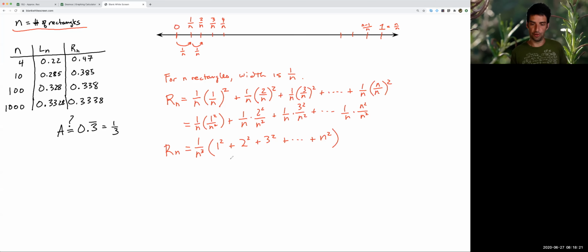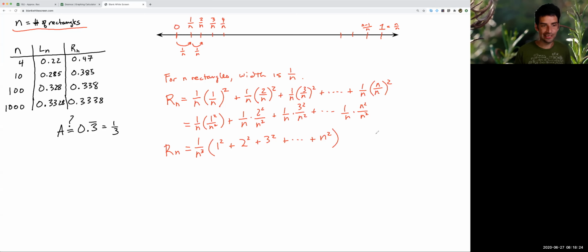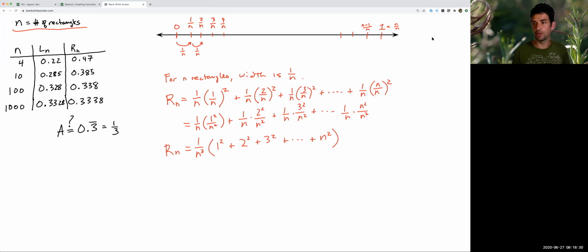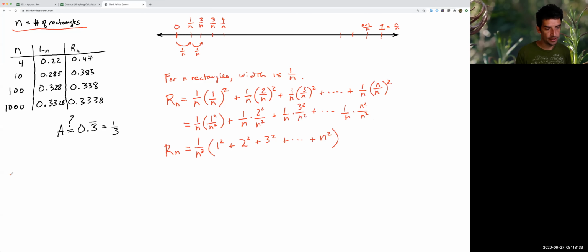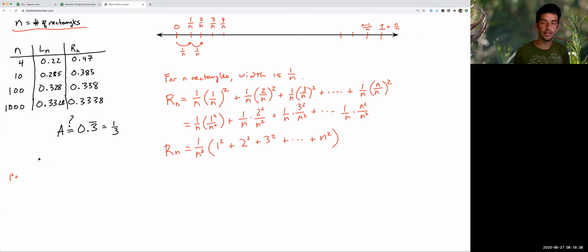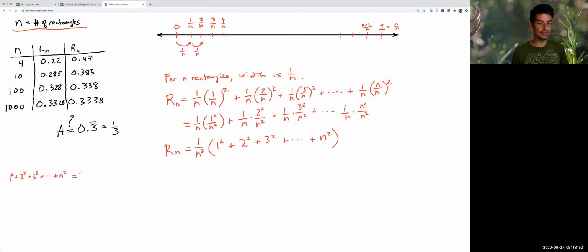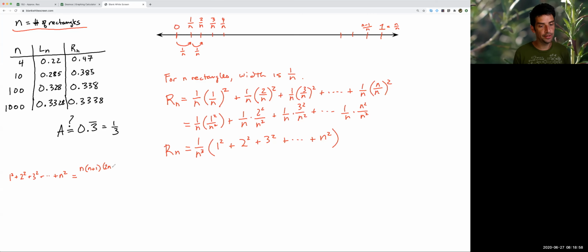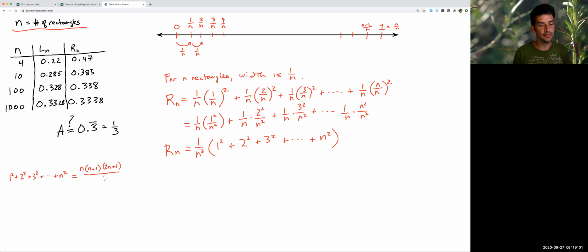I'm going to use a formula without justifying it right now. I'm going to encourage you to check it on your own. This formula is, let me just write it off to the side here. If you take the sum of the first n integers squared, it's the same as doing n times n plus 1 times 2n plus 1 divided by 6, right?